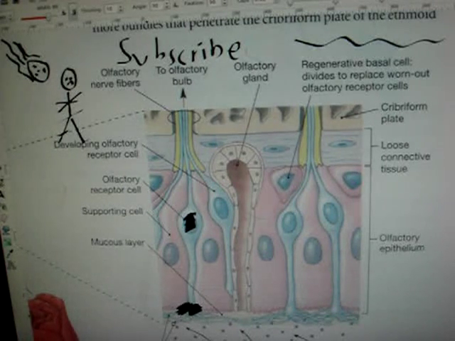It's because right here is a mucus, and in the mucus there are dissolved chemicals, mainly water soluble and lipid soluble chemicals. Once those have diffused into the mucus, they will then stimulate the cilia right here, which then stimulates the receptor.